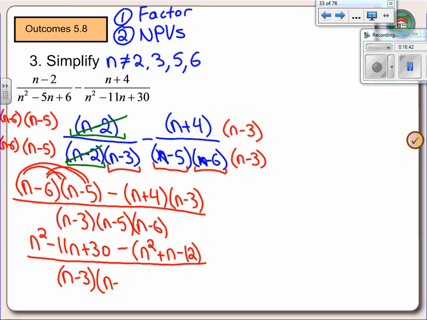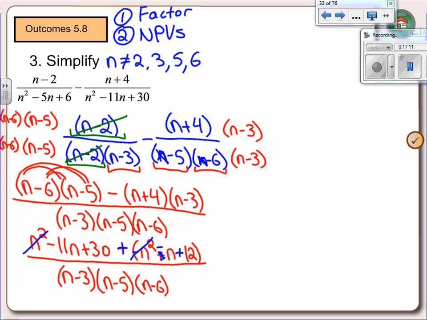Now if you're looking at the top, this minus sign, we want to make it a positive, but that changes all the other symbols. Once you've done that, then you can combine your like terms. So my n squared minus n squared, they're going to cancel each other out. My negative 11n minus n will give me negative 12n.